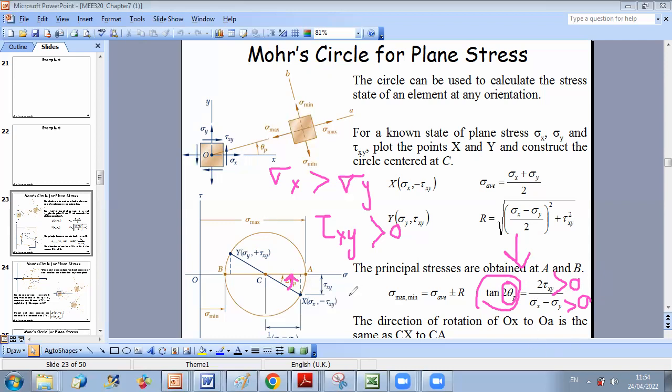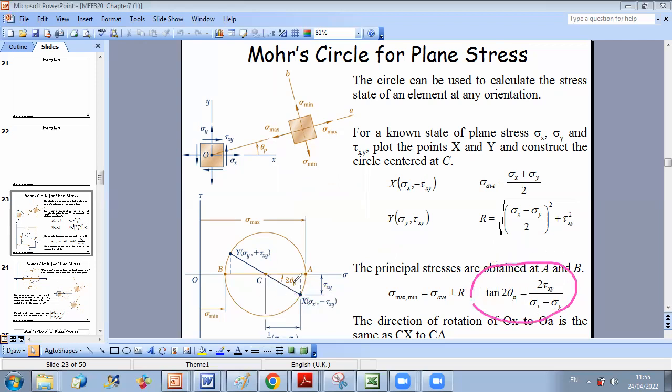And we have seen together here, if you want to draw the rotation, if I consider the x-axis, to be able to rotate from the x-axis to the principal axis in the counterclockwise direction, point X should be below the axis. So it should be characterized by a negative coordinate. This is why we take for X, sigma x minus tau xy, and for Y, sigma y plus tau xy, because this will lead to a positive angle of rotation from X towards sigma maximum.